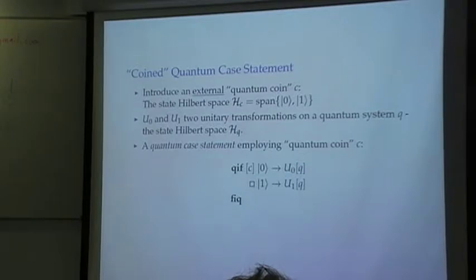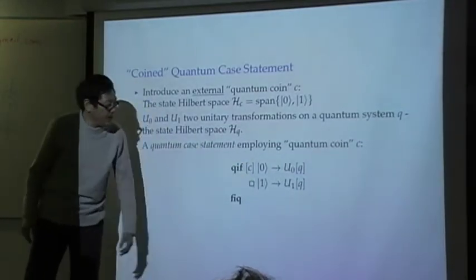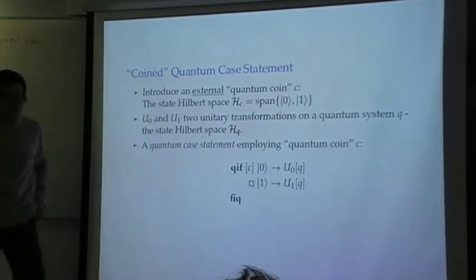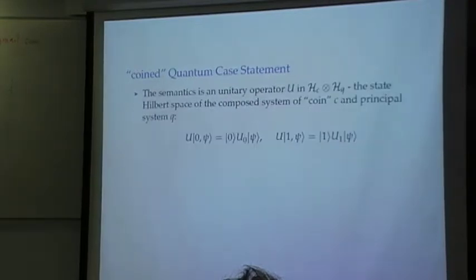So it looks very similar to the classical if then else. But the thing is here we can do the superposition of the ket0 and the ket1, and then in that sense we get the superposition of U0Q and U1Q. So the semantics of the quantum case statement is a unitary operator in this tensor product of HC and HQ.